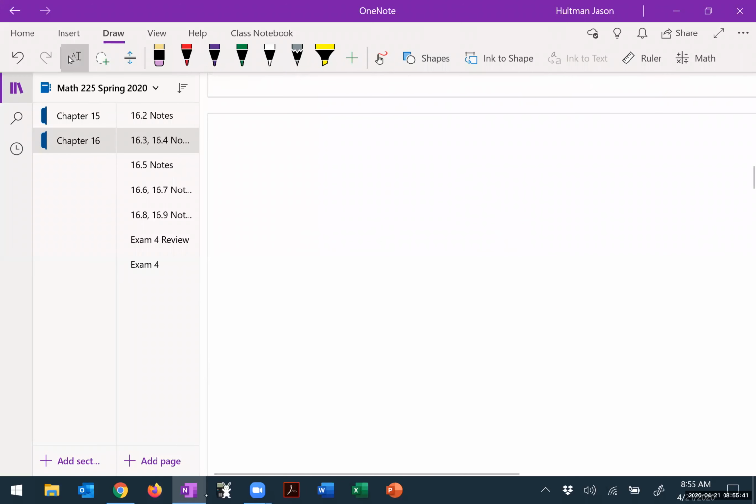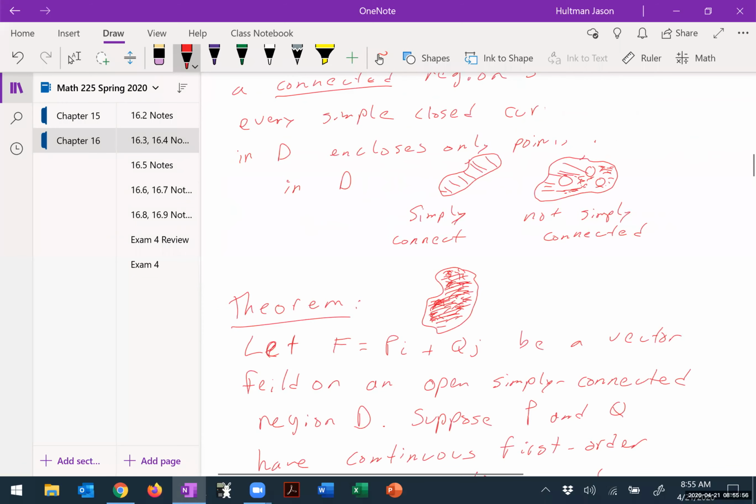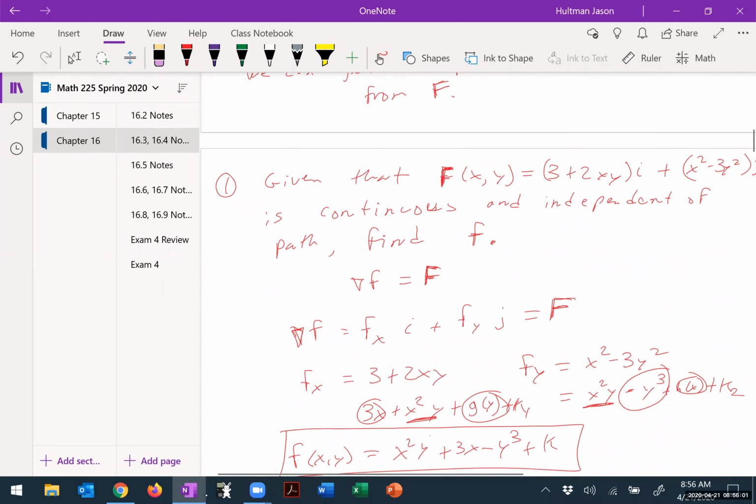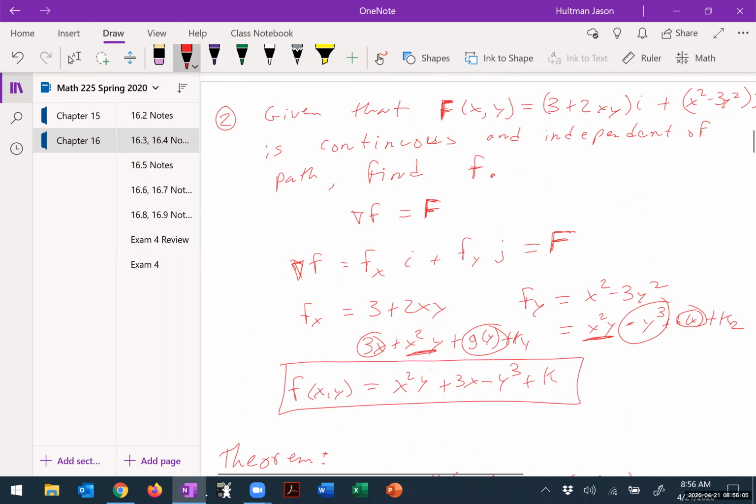Okay, let's do number 2 here. Actually, I think we did number 1 twice. Yeah, this should be number 2, and this should be 3.